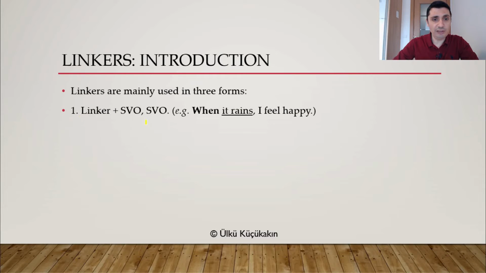Firstly, we see this structure: linker plus full sentence, subject, verb, object. Comma, then another full sentence. For example, when it rains, I feel happy. So after when, we have a full sentence, and then we have another full sentence here.